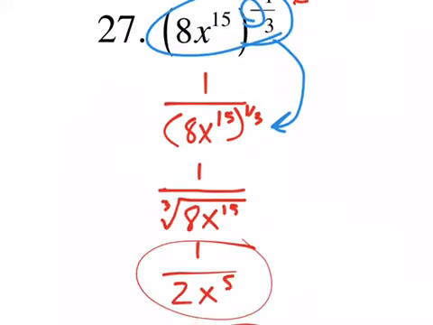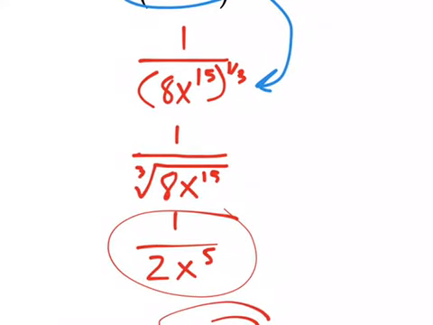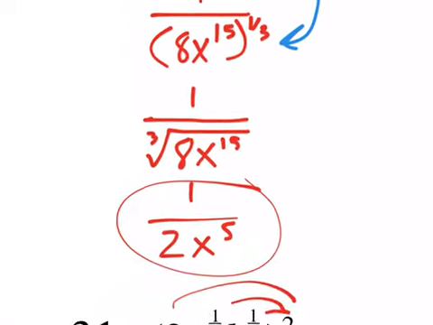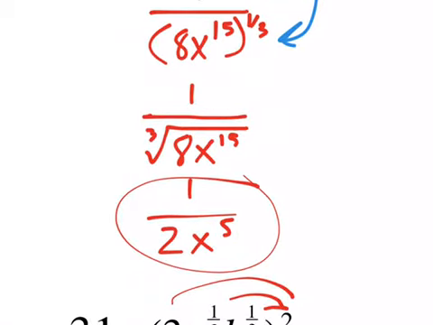All right, and then we multiplied in. So this would be 1/3, 8 to the 1/3, and then 15 times to the 1/3. Or you could think of this as everybody to the cube root, because that's what everybody to the 1/3 power would be. Then cube root of 8 is 2. Cube root of x to the 15th power is x to the 5th.